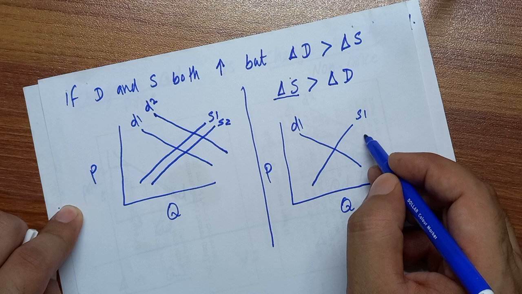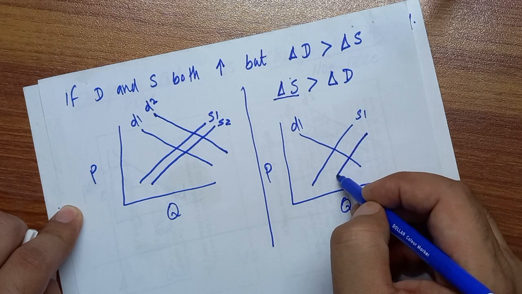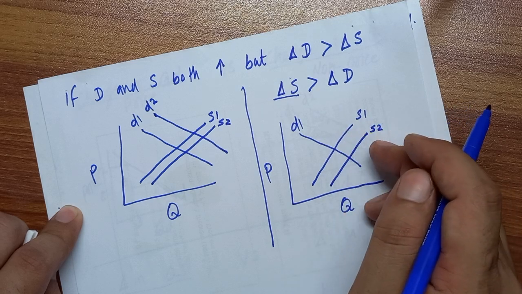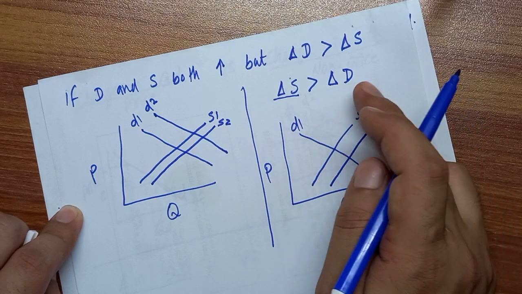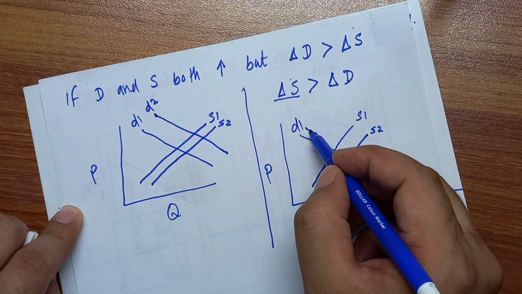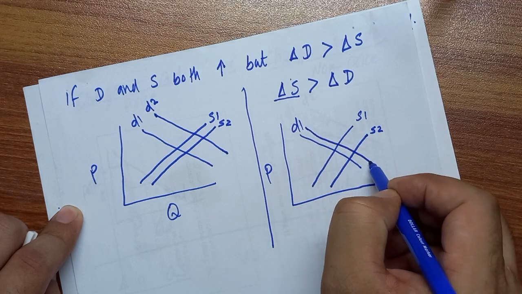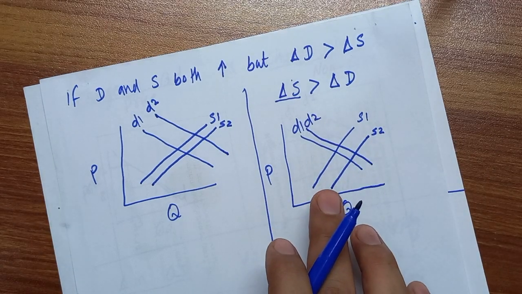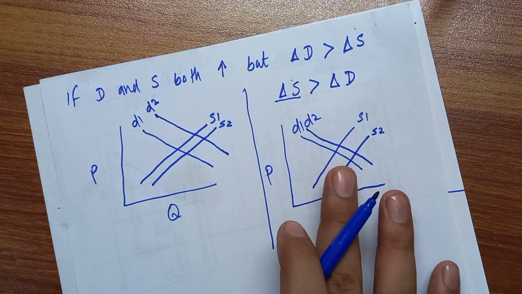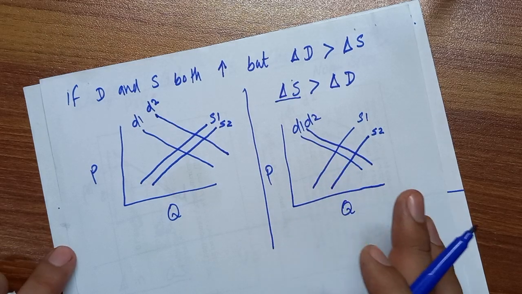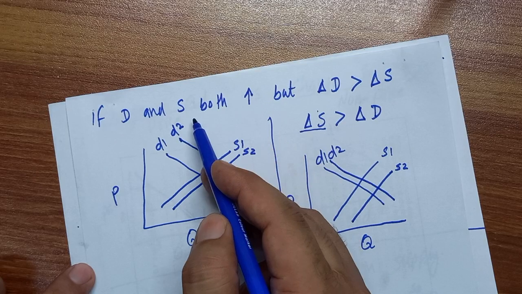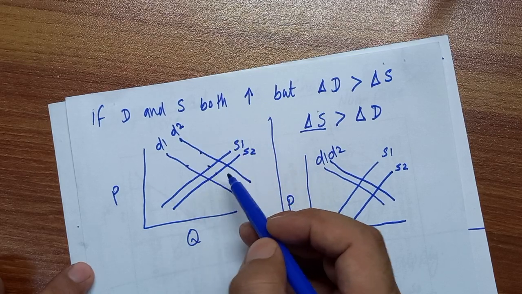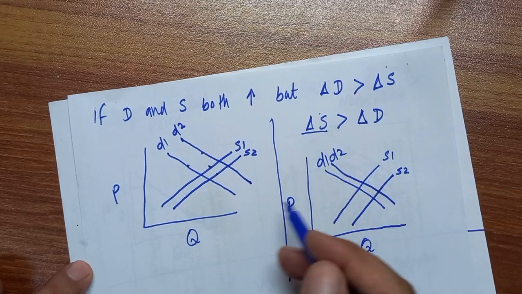So this is the change in supply, we have more change in supply but less change in demand, so we will draw closer to the original line. So these all are the changes between demand and supply. Sometimes we have increase and decrease, we have more changes, we have less changes. So we should follow these rules.